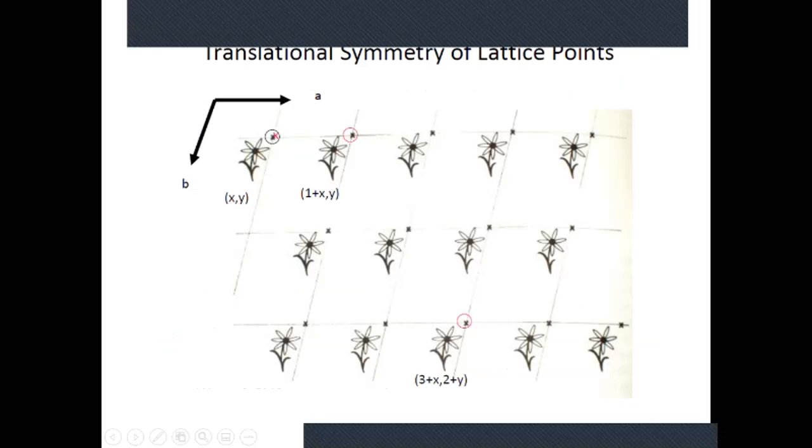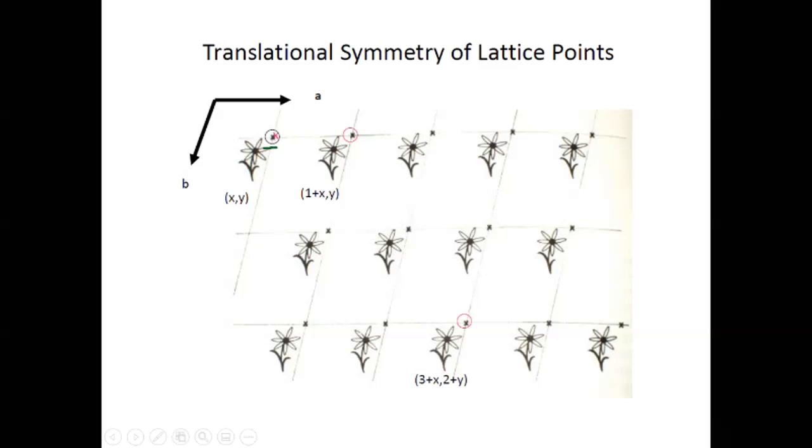So here we're looking at a couple of lattice points, and I've circled the point with the red X next to the flower, and you see that this point is related to the next point along the A or X axis by translation.